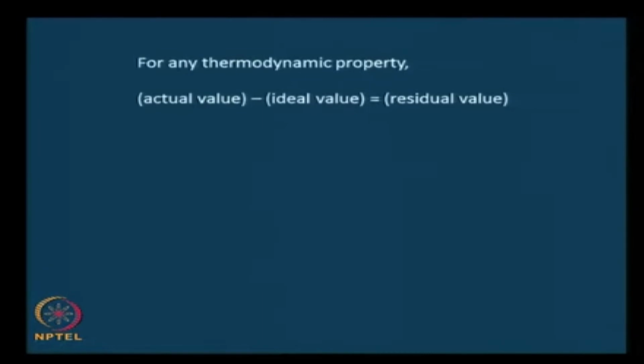For any thermodynamic property, for the 5 that we are looking at now, you can write this for any thermodynamic property or even combinations of thermodynamic properties. The actual value minus the ideal value, or the difference between the actual value and the ideal value, is called the residual value.